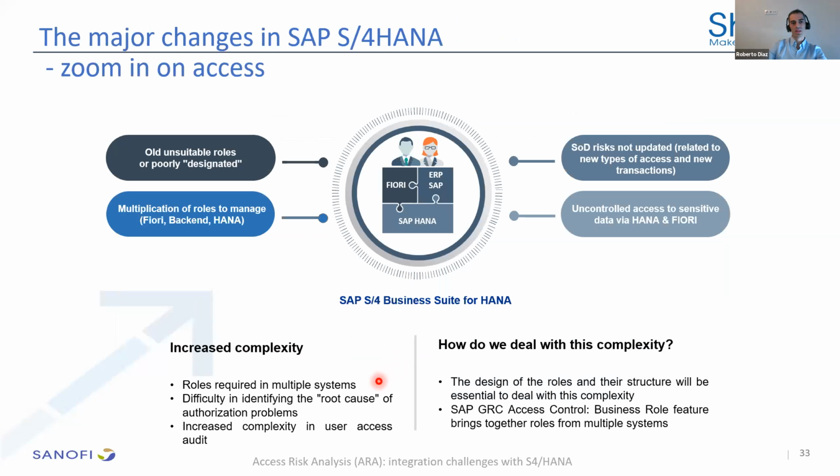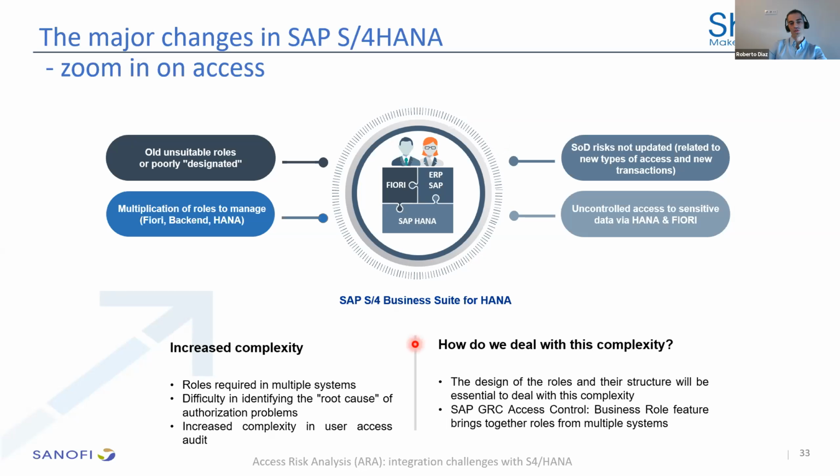So yeah, the major changes, and as I said, it's multiplication of roles, right? Because of Fiori, new SOD risks. So the rule set needs to be updated with the new Fiori apps and OData services.